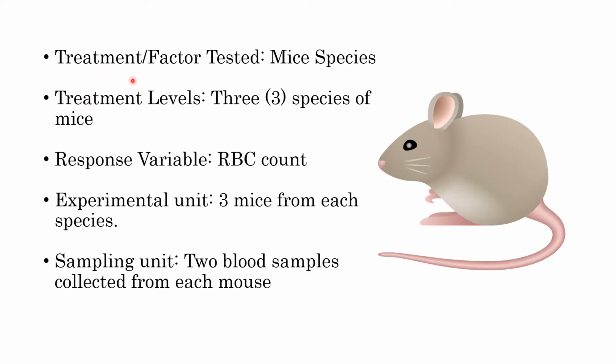So, to review, our treatment or factor tested is the mice species. The treatment levels are the 3 species of mice. The response variable is the red blood cell count. The experimental unit is 3 mice from each species. And the sampling unit is the 2 blood samples collected from each mouse.